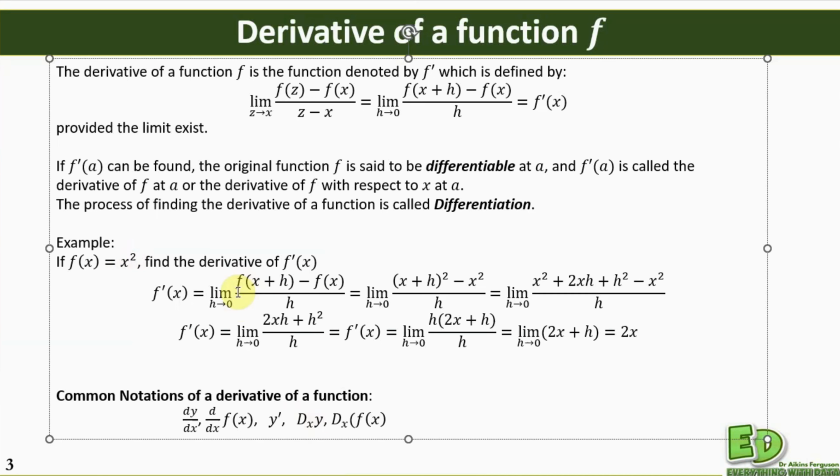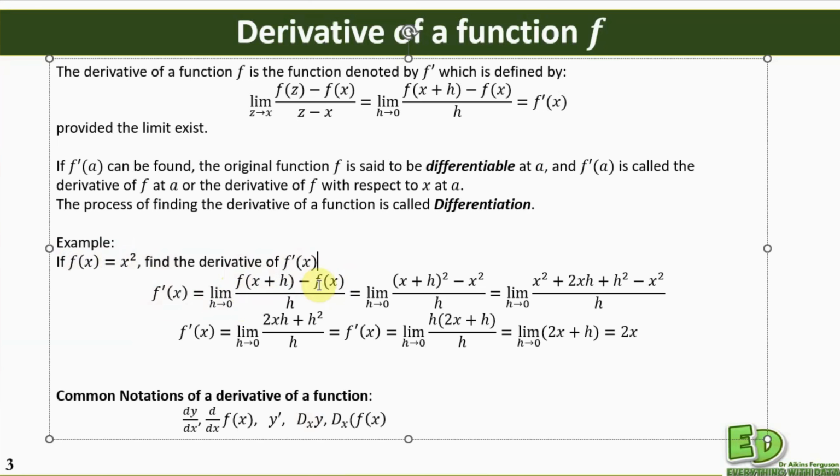So I would say 1 into bracket x plus h, minus f of x. What is f of x? f of x is the same as the question itself, because it says f of x is equal to x squared. So I would say 1 into bracket x plus h all squared, because the function is raised to the power 2, minus x squared.